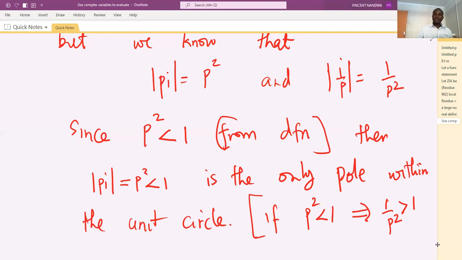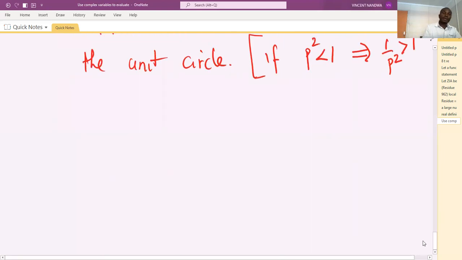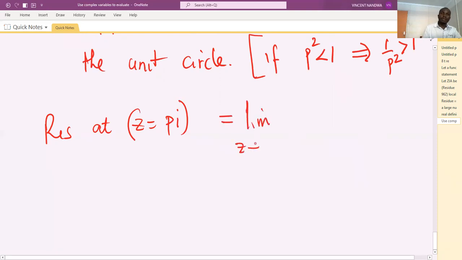So let's find the residue. So residue at z equals to pi will be given by limit as z approaches pi of z minus pi times f of z. This is how we find residue.